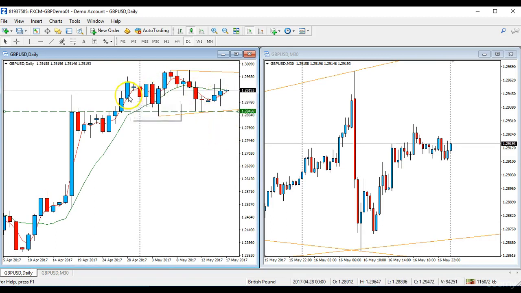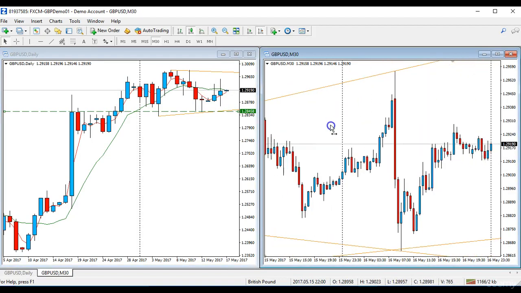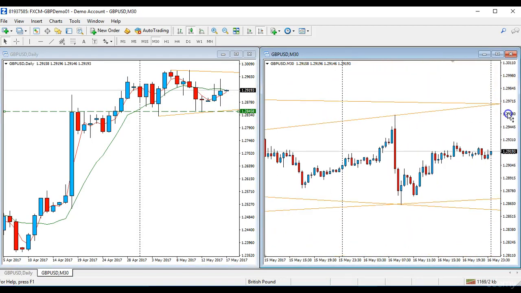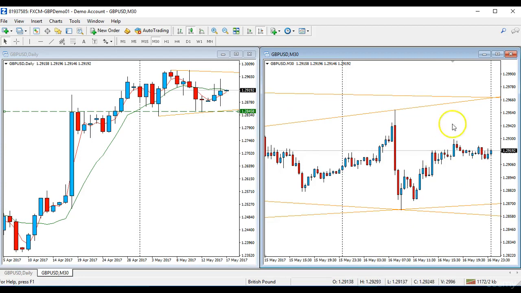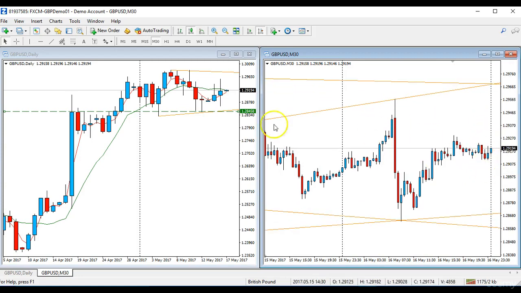So we can see that these daily candles for basically the whole of May have just been moving sideways. So when we do our trading on the lower time frames here, we see what's happening and start putting in our levels.